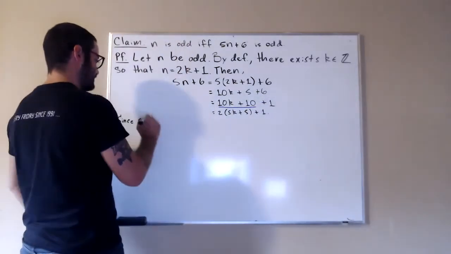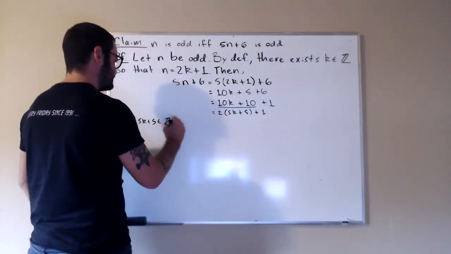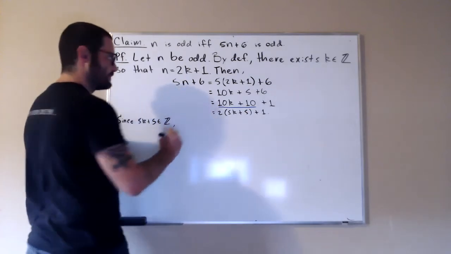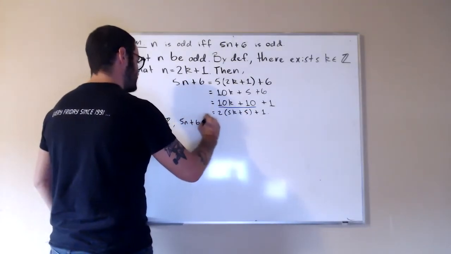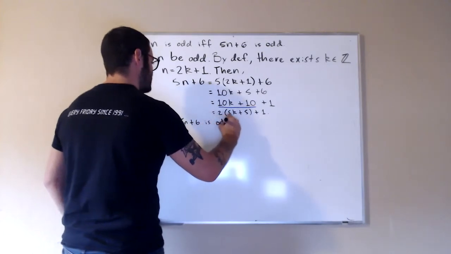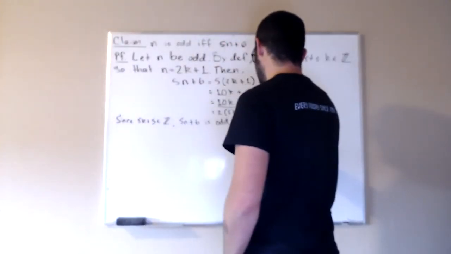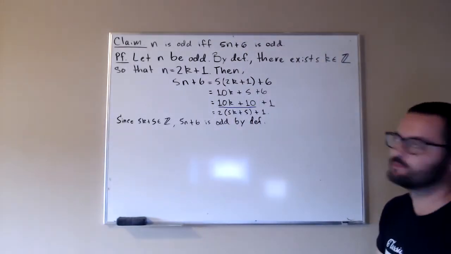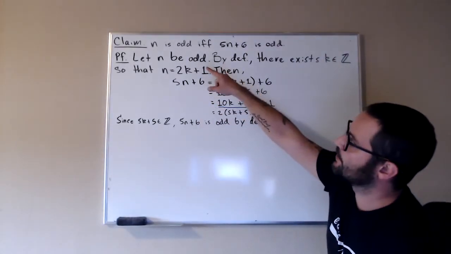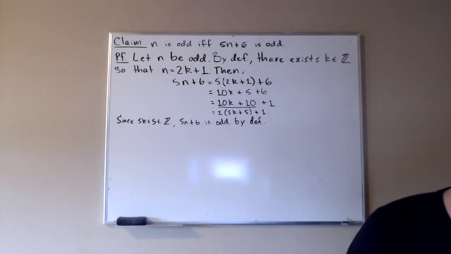Since 5k plus 5 is an integer, 5n plus 6 is odd by definition. So this has proven the first part of this claim. Okay?